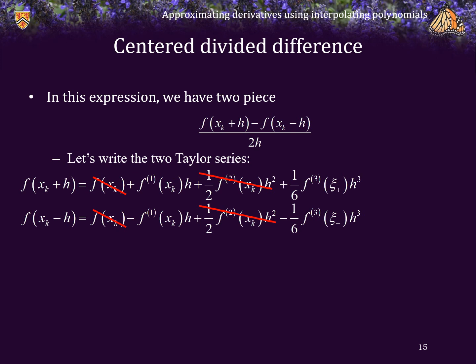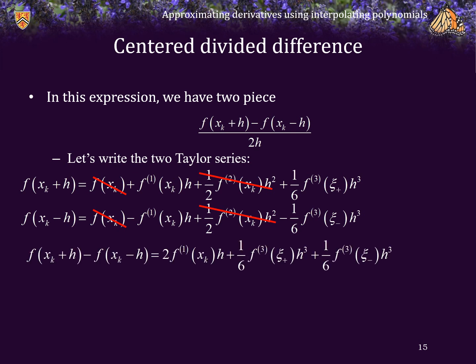Now you'll notice the first term has a xi plus because that's indicating that xi plus is some value between x sub k and x sub k plus h. In the second case, xi minus indicates that that particular value must be somewhere between x sub k minus h and x sub k. So we can add those up, but they're going to be different.